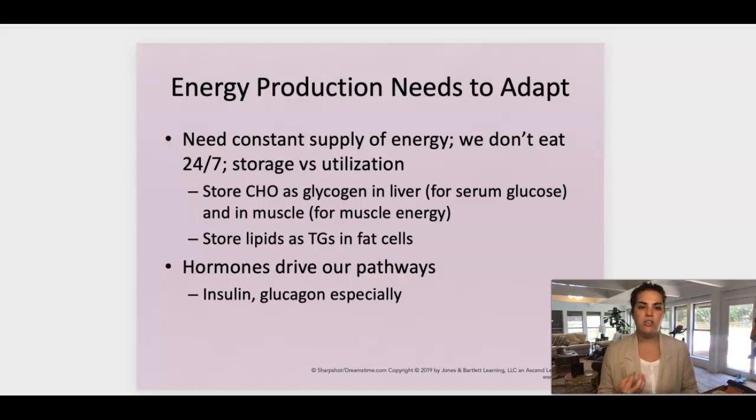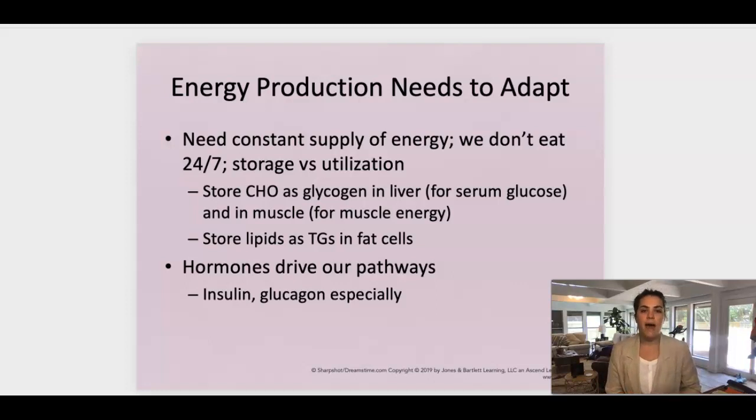No, our cells are far more sophisticated than just using everything at once or not using everything that we can use. So storage becomes very useful in that aspect. We are able to store excess energy, maybe carbohydrate energy as glycogen, or we can store extra energy in the form of lipids and triglycerides within our adipose tissue.